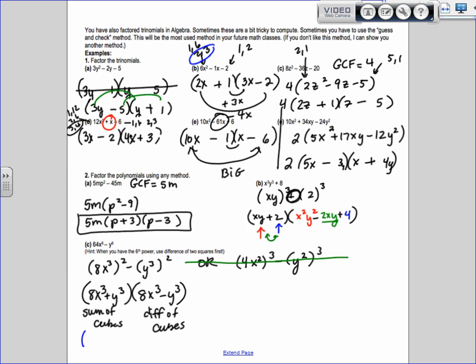On the sum of cubes, it's 2x being cubed plus y being cubed. And on the difference of two cubes, it's 2x being cubed minus y being cubed. So we're now going to break this into a binomial and a trinomial, a binomial and a trinomial.